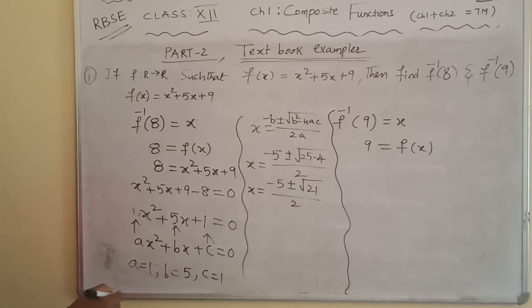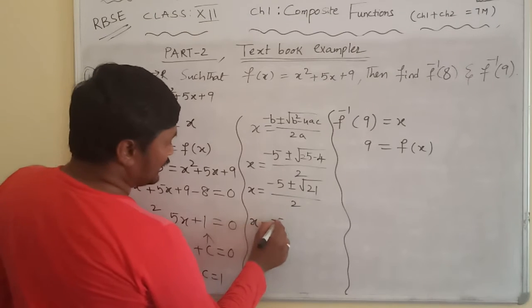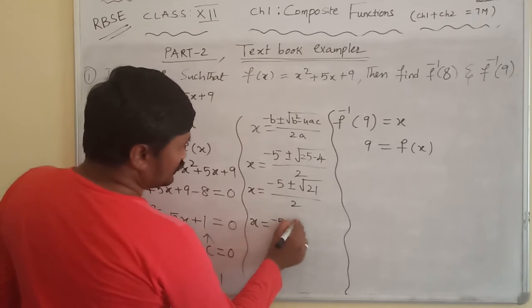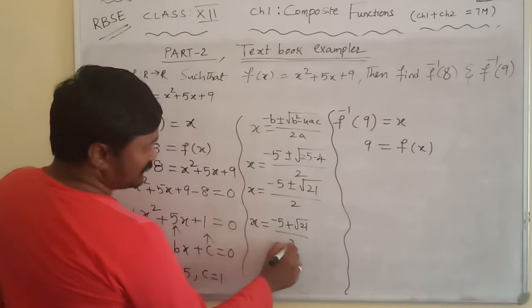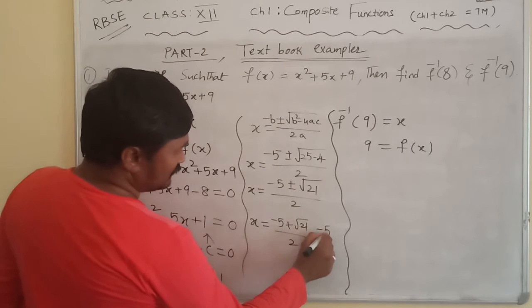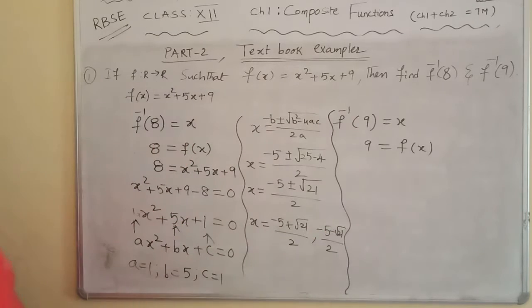So now we can write x is equal to minus 5 plus root 21 upon 2, comma, minus 5 minus root 21 upon 2. So now what is your answer for this?